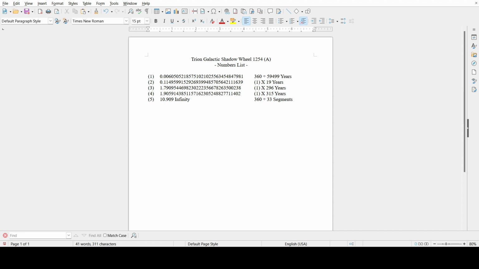Now divide 296 by 2, add 19 to its quotient, then add 9.5 to that sum, then list the final sum to the number list as 6.